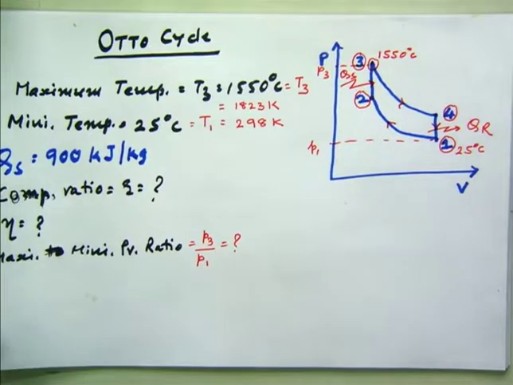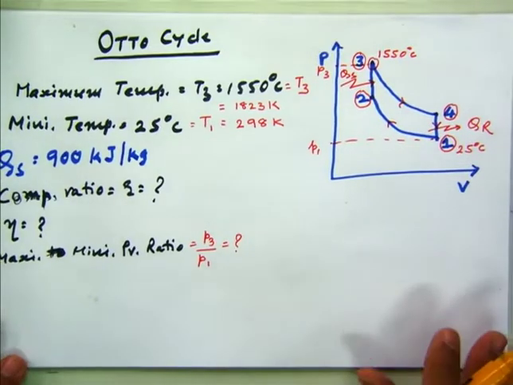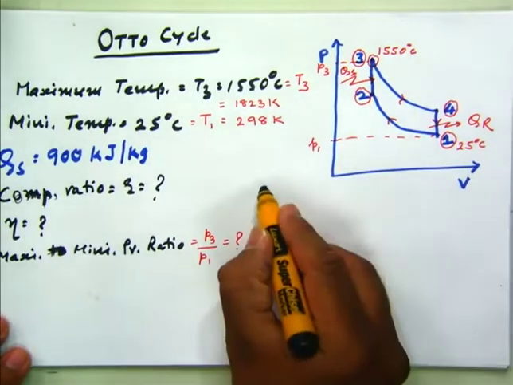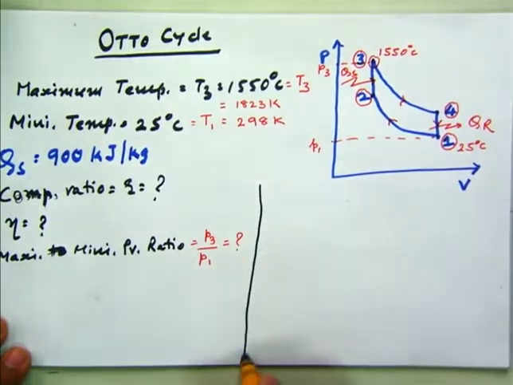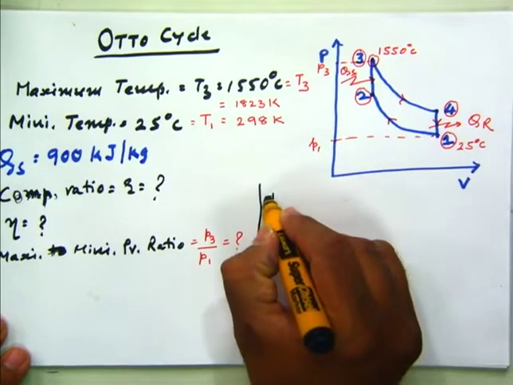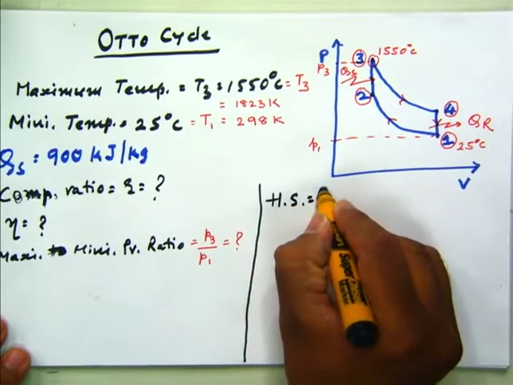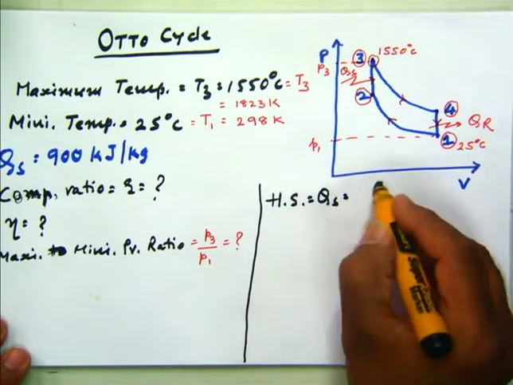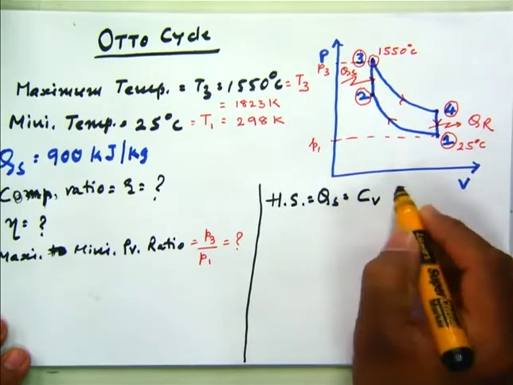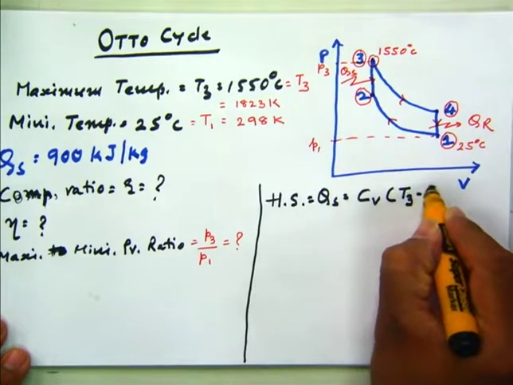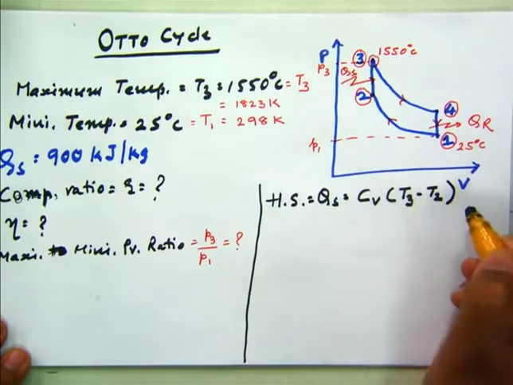So what we have is heat supplied. Heat supplied QS is equal to Cv into T3 minus T2.